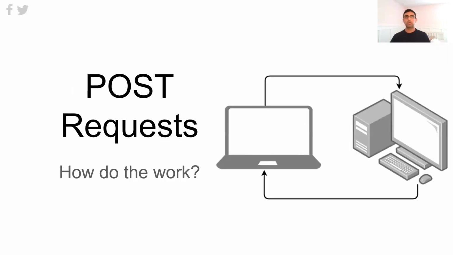The next is post. When you want to create something, maybe you want to write a blog, in that case you have to create something, and in order to create, you are going to use a post request.